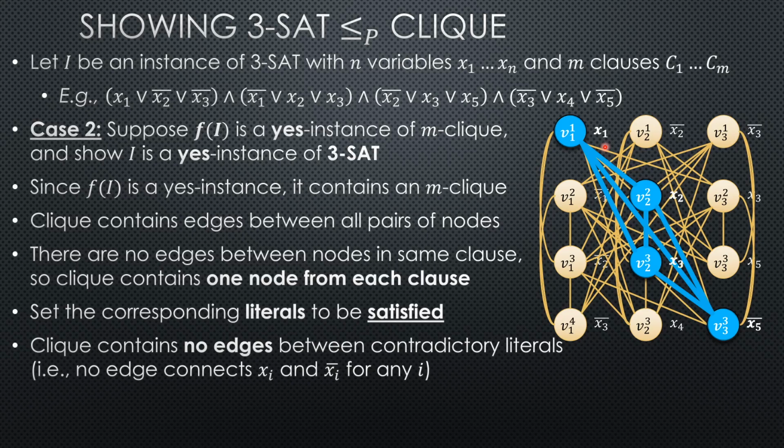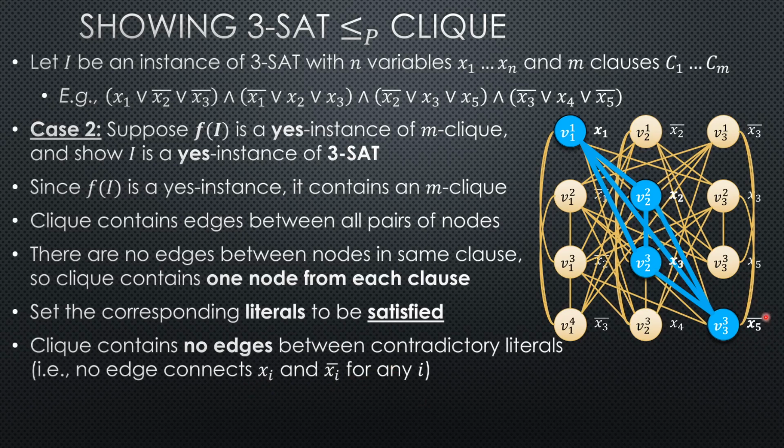Okay? And as we do that, are we going to be building a consistent truth assignment, or will we introduce a contradiction so we can't build a truth assignment out of the assignment where we satisfy all these literals? Well, the clique doesn't contain any edges between contradictory literals. So no edge connects xi and not xi. So for each of these literals represented by nodes in the clique, we can set the whole literal to be true. So not x5 to be true, x3 to be true. We can set each of those to be true, and we know there's no negation of that literal in the clique.